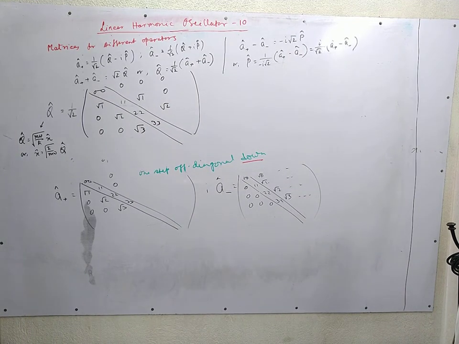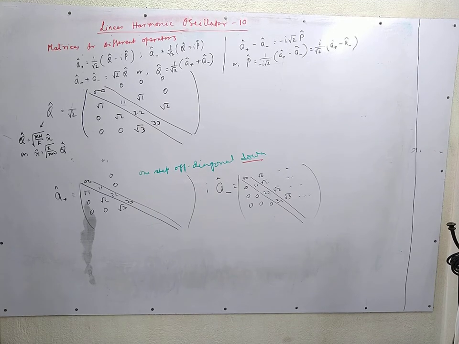So we have constructed the matrix for a few common quantities like the position, momentum, Hamiltonian, number operator, and the raising and lowering operators in connection with the simple harmonic oscillator. And we have come to the conclusion that all of these matrices are infinite dimensional matrices.